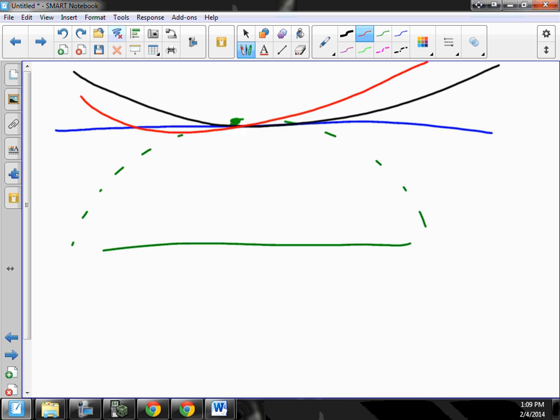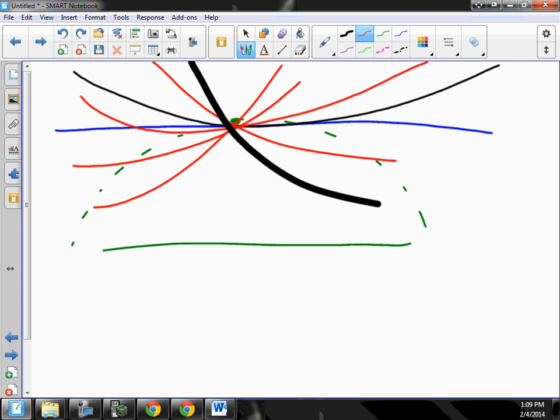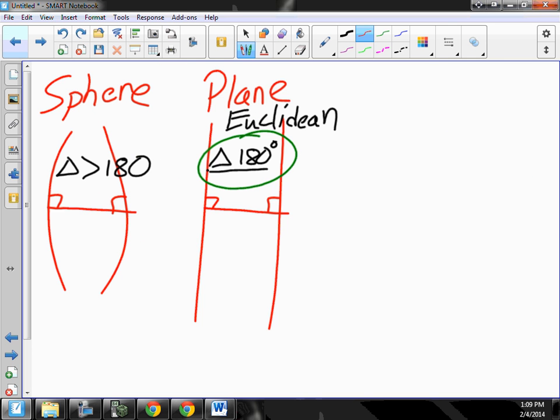Well, if there's two, there must be a third, the one between them, and a fourth, and a fifth, and a sixth, and a seventh. That was cool. So this would actually be an infinite number of lines. So that picture would look like this.